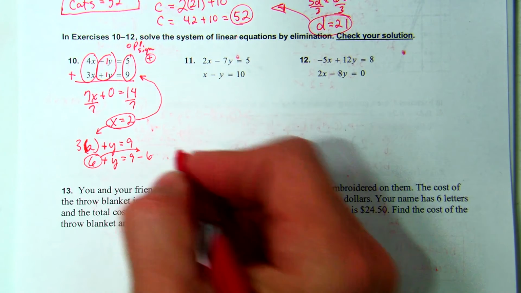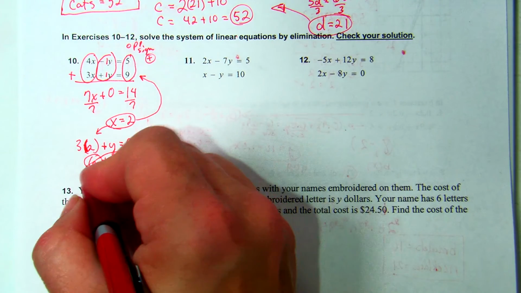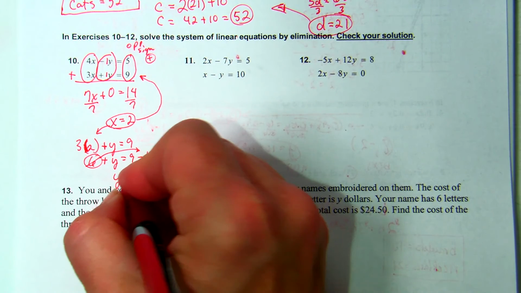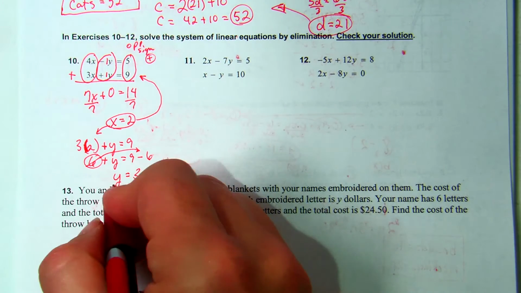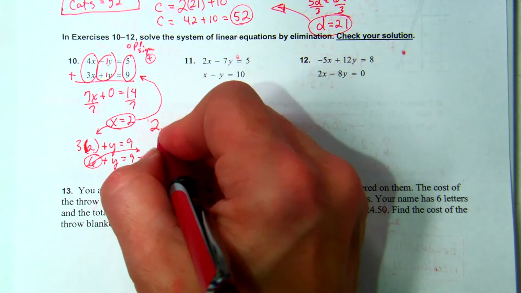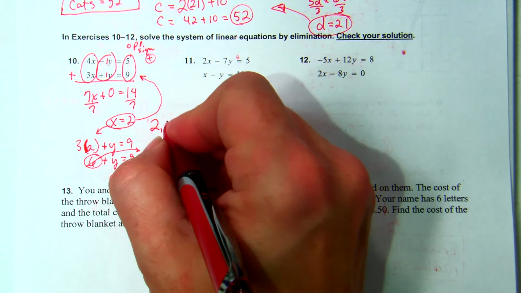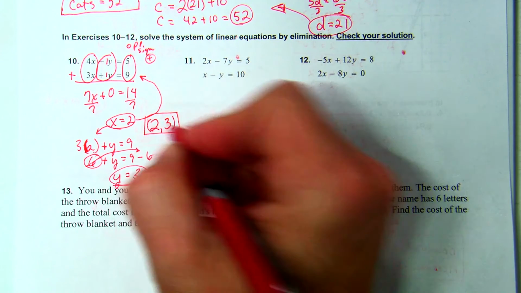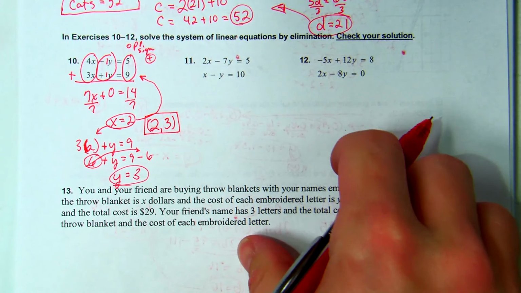I'm going to move the 6 across, meaning I'm going to subtract it from both sides. So that goes away. I've subtracted it away, moved to the other side. Y equals 3. So the solution to this system of linear equations is going to be 2, 3. And we're done with 10.